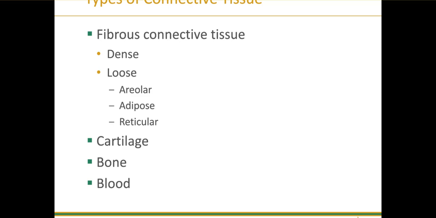Blood is another type of connective tissue, and it exists as a fluid. Blood is the only connective tissue that is fluid. It's in a liquid matrix, and blood transports nutrients to different areas of your body.